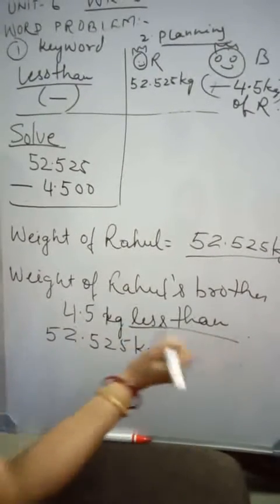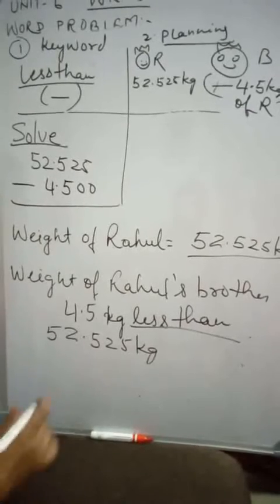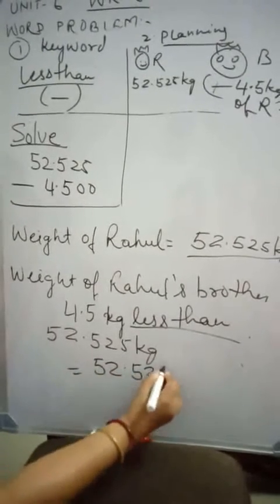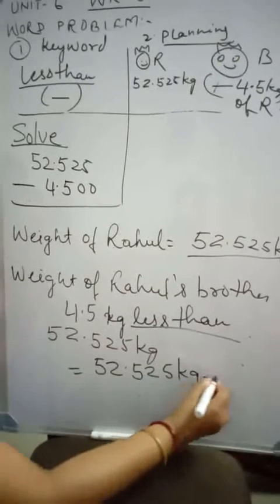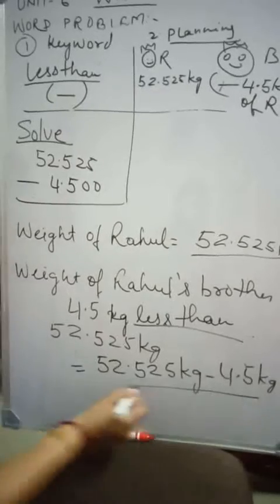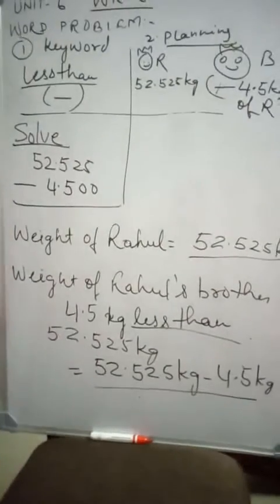So less than means we have to do subtraction. That is equal to 52.525 kilogram minus 4.5 kilogram. So now let us arrange these numbers in columns.